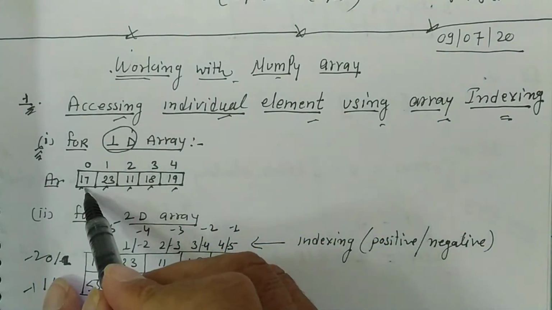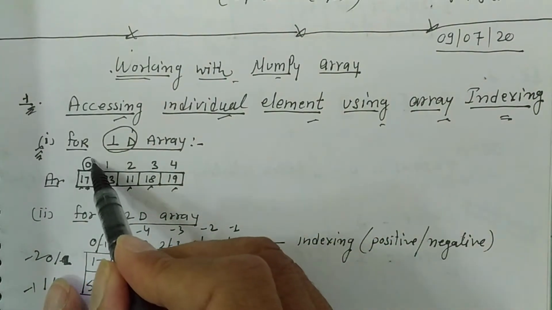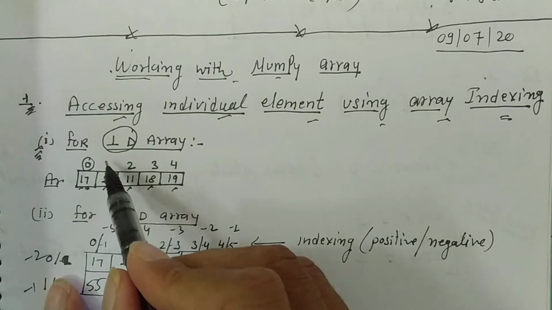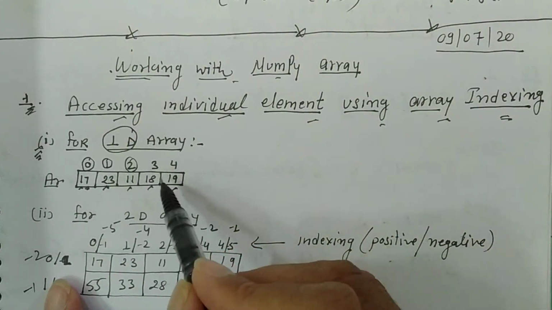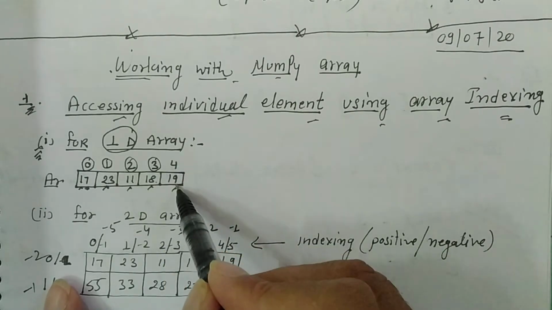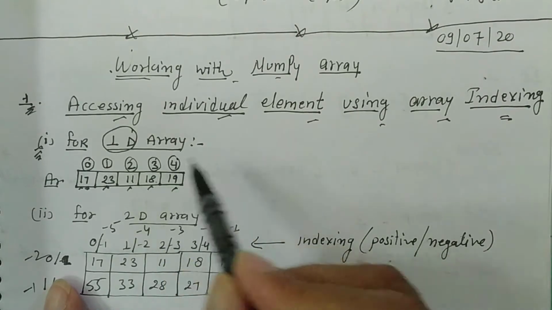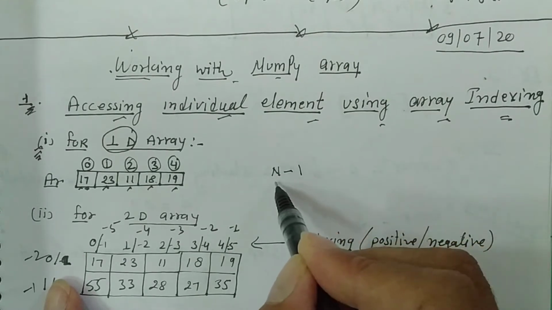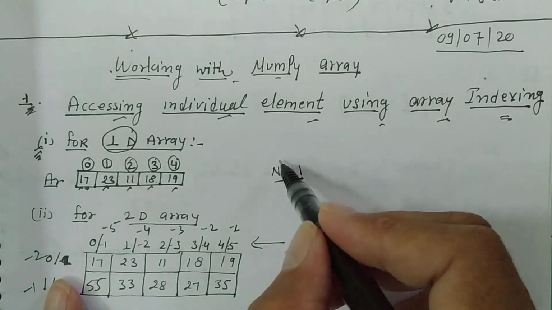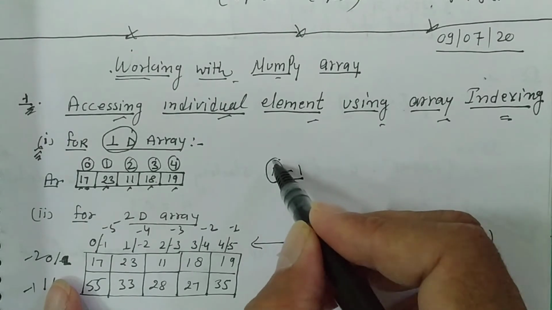Students, 17 is on index 0, 23 on first index, 11 on second index, 18 on third index and 19 on fourth index.